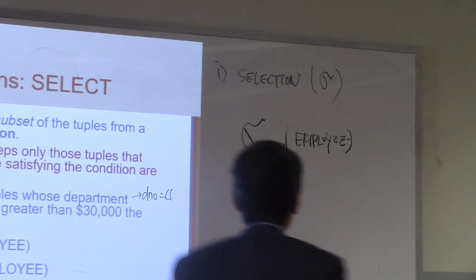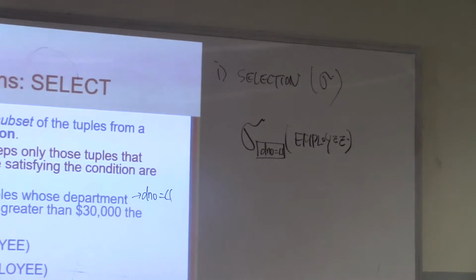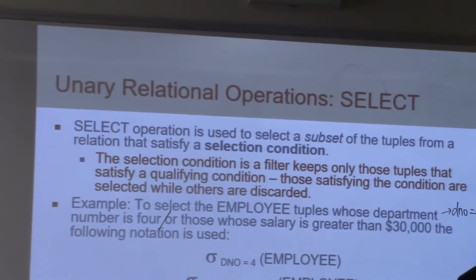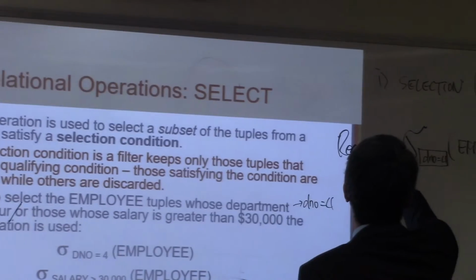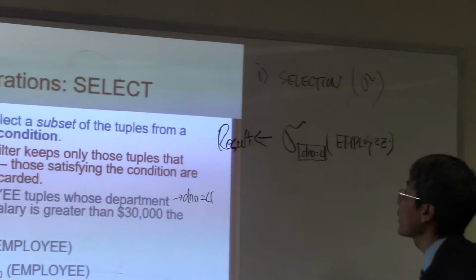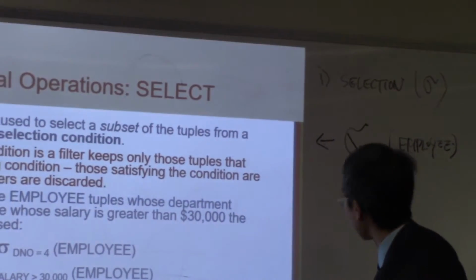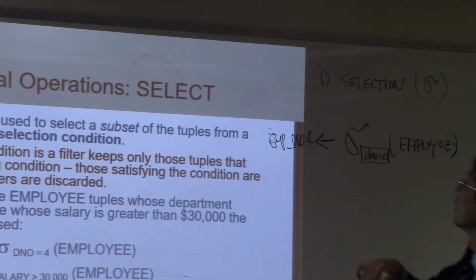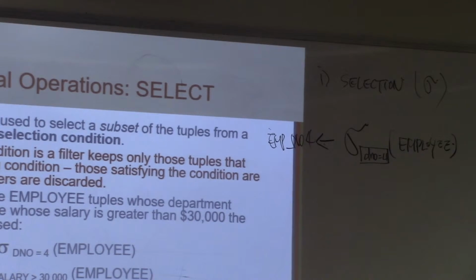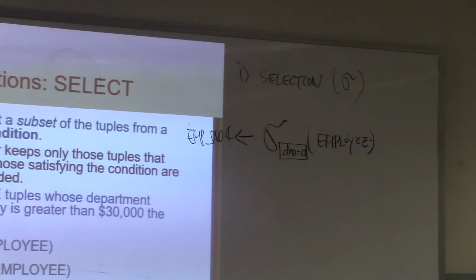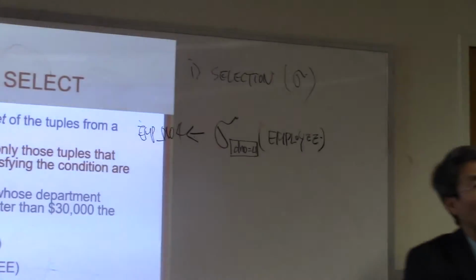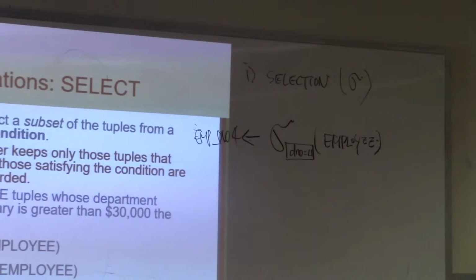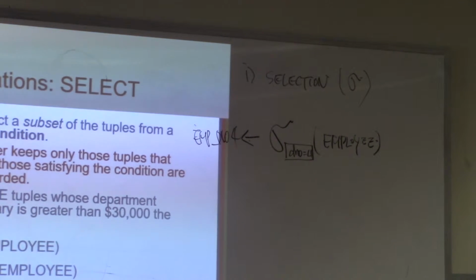So the output of this one, this tuple and this tuple, forms another relation. This is the output of the result. Sometimes you can name it employee DNO4. It forms another relation. So this is another characteristic of relational algebra operations. For any relational algebra operation, the output is also a relation.